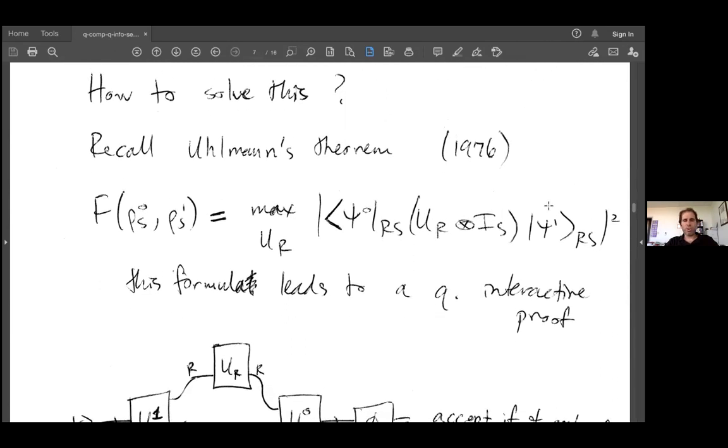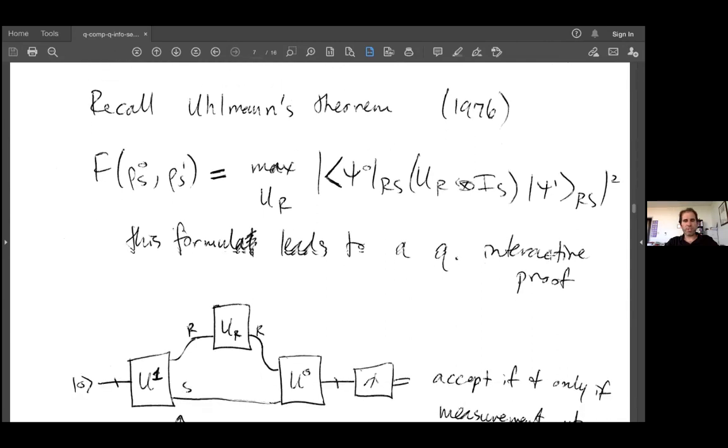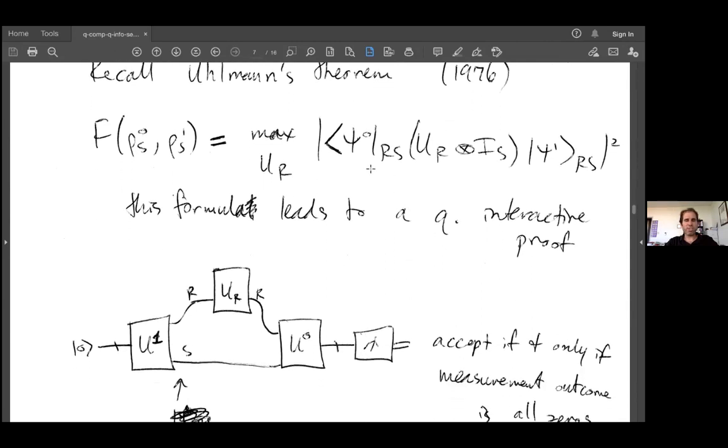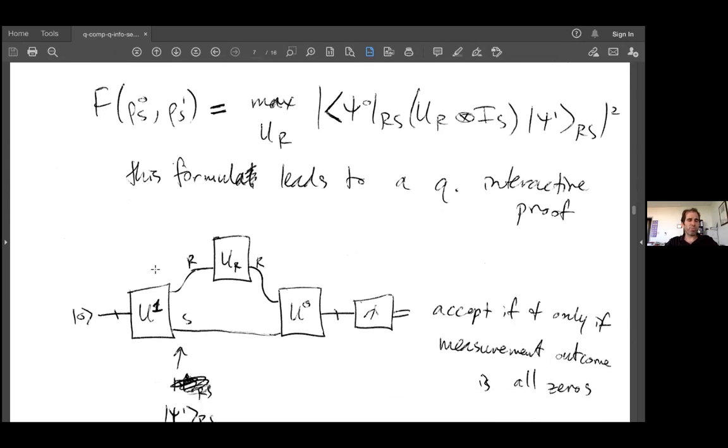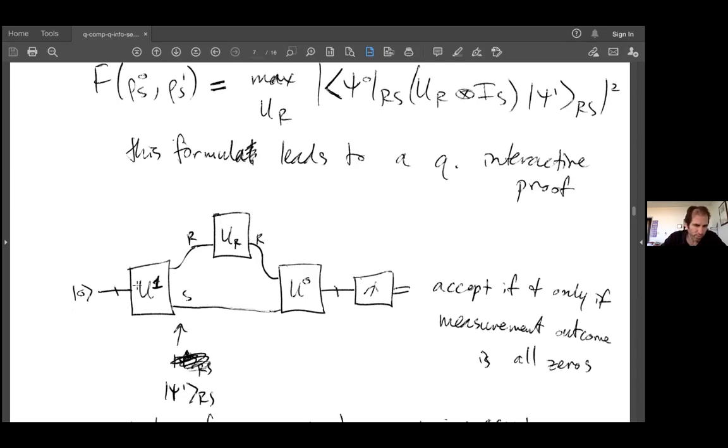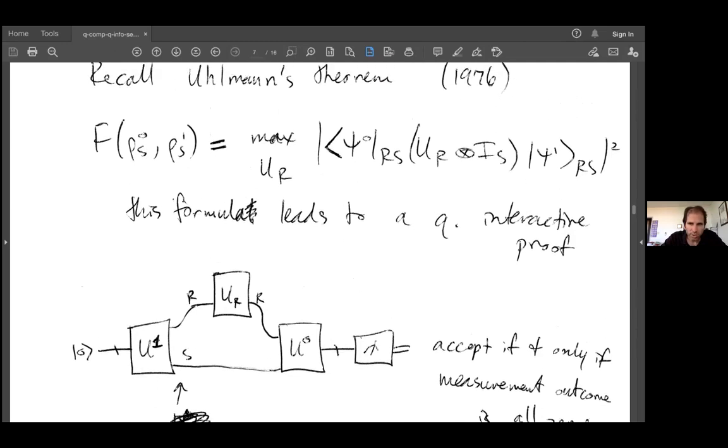So this is an overlap formula, and the point I want to mention is that this formula leads to a quantum interactive proof. You can compute the fidelity with a quantum interactive proof. You can estimate it. How do you do so? You take the all zero state, you act on it with U1, and now I'm doing this part of the formula, right, of Uhlmann's formula.